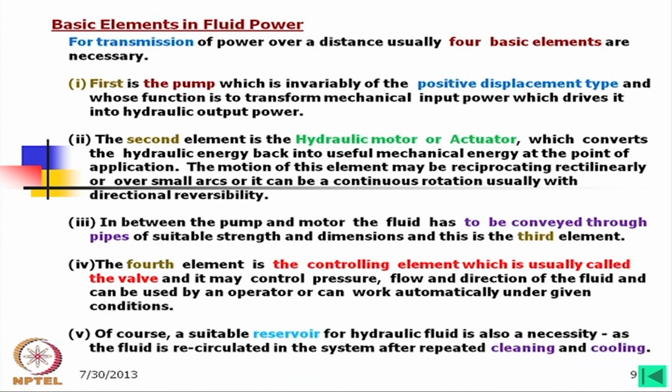Of course, a suitable reservoir for hydraulic fluid is also a necessity, as the fluid is recirculated in the system after repeated cleaning and cooling. Nevertheless, we need other components too for the finer control of the drive or for some other purpose.